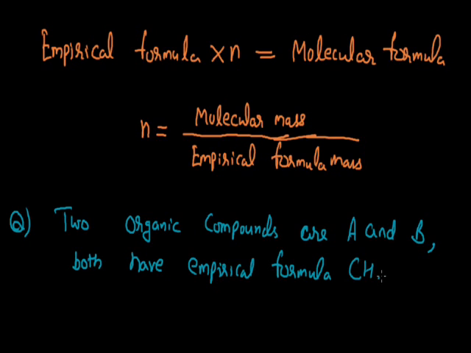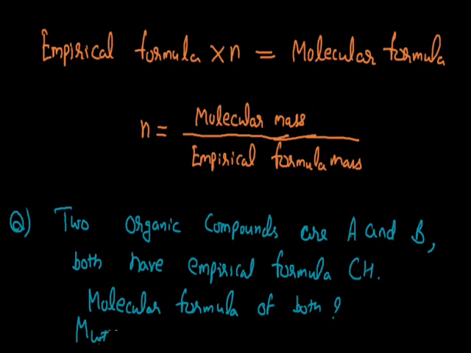And now you are asked to calculate the molecular formula of both. You are provided with the molecular mass of A, it is 26, while the molecular mass of B is 78.